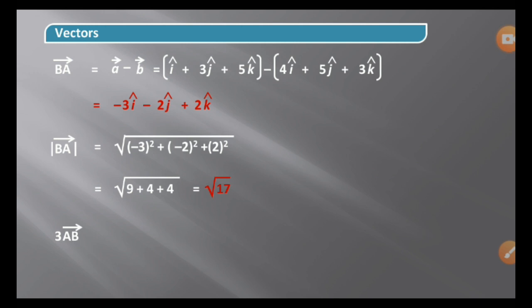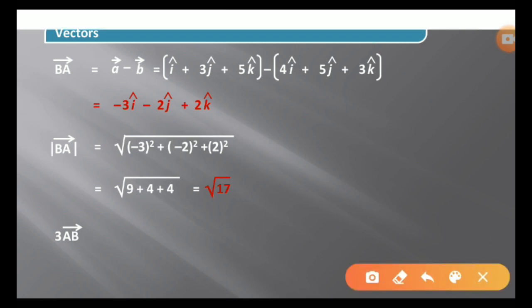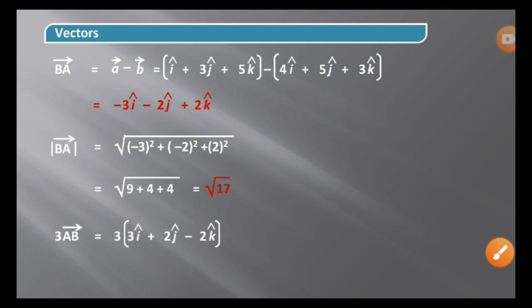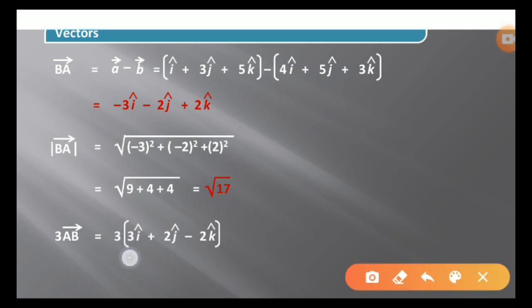Now the last one, we will find out the scalar multiplication, meaning that 3 is a scalar or a constant. Here we have to multiply 3 to this vector AB. Therefore we will consider 3 into the bracket of AB vector, that will be 3i plus 2j minus 2k.